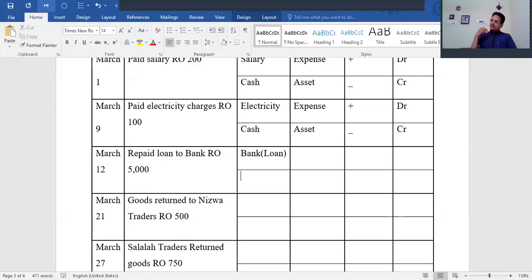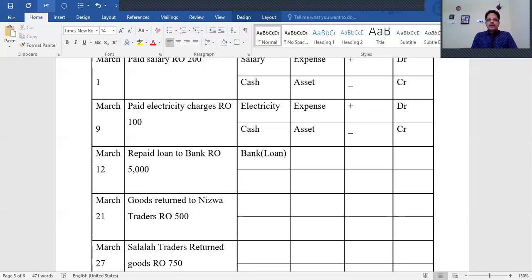So when you deposit money, you write bank and in brackets write deposit, because it is very important when you are doing Tally ERP 9 or any other software, you have to understand clearly what this is. Otherwise you will be confused. Deposit is an asset. Bank when you take a loan is a liability. So always, whenever it is a bank, you mention whether it is loan or deposit, qard or istismar.